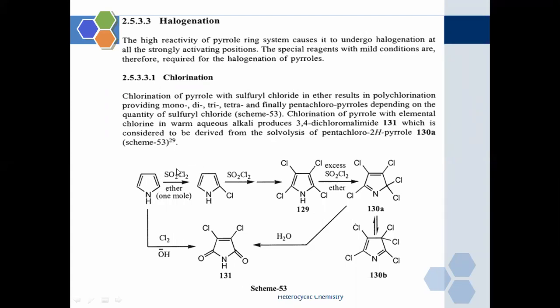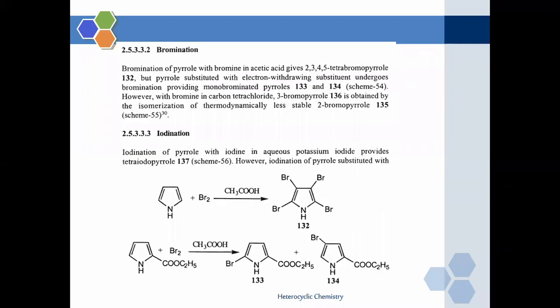So how much amount of sulfuryl chloride is used as a chlorinating agent, त्याच्यावरती डिपेंड करतं की pyrrole undergoes what type of polychlorination reaction, either mono, di, tri, tetra or pentachlorination reaction.